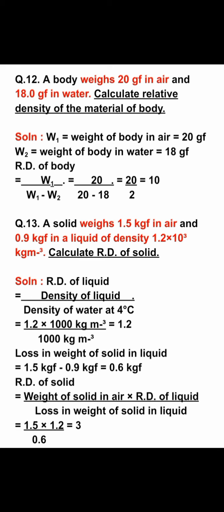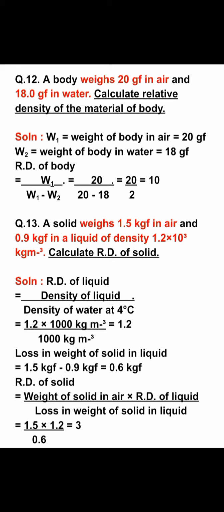So the loss in weight of the solid in liquid is 1.5 kgf minus 0.9 kgf, which equals 0.6 kgf. When the object is immersed in the liquid, there is a loss in its weight. So what is the weight loss here?